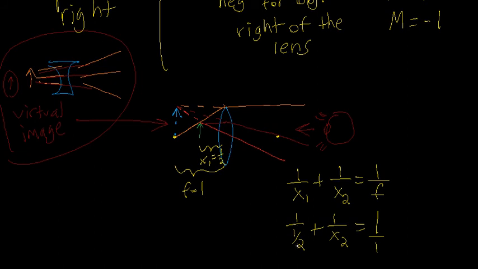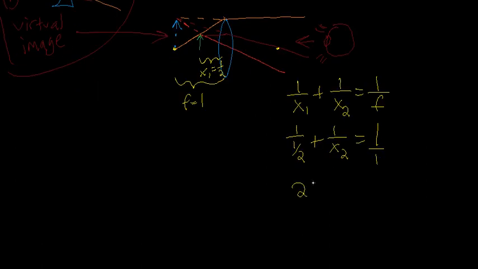This is 2, so if we subtract 2 from both sides, then we have 1 minus 2, or minus 1, which means that x2 is equal to -1, which turns out to be exactly where I traced the rays to be.